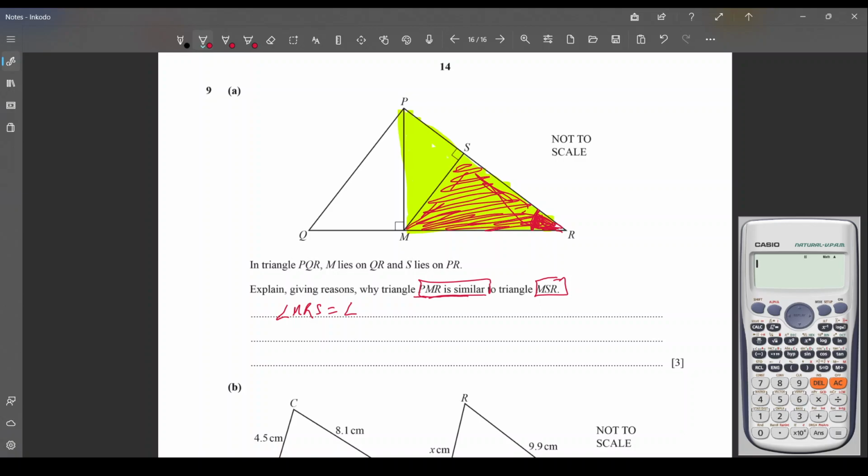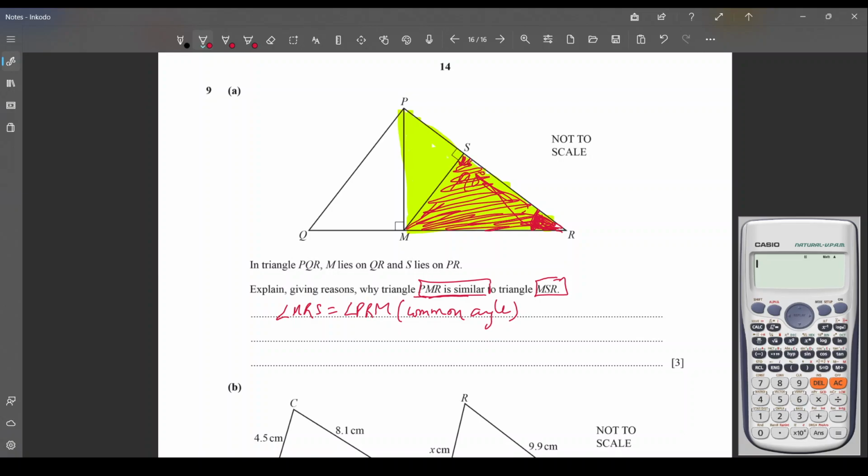Angle MRS equals angle PRM, because this is a common angle, and in these two triangles, this angle should be 90 degrees.